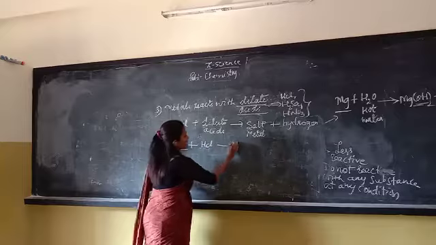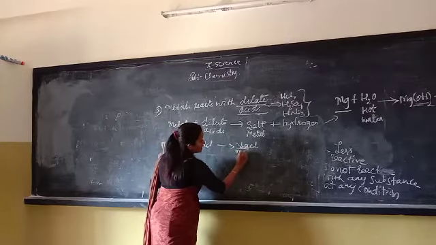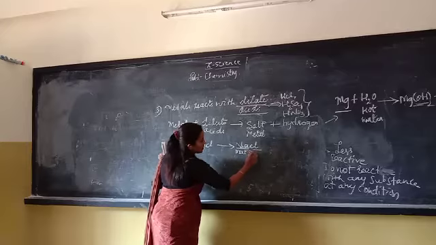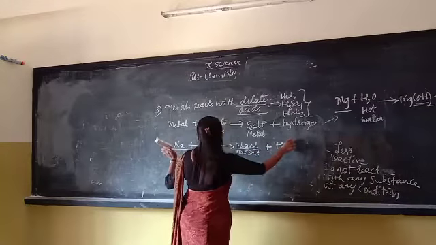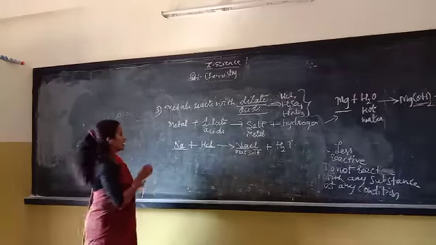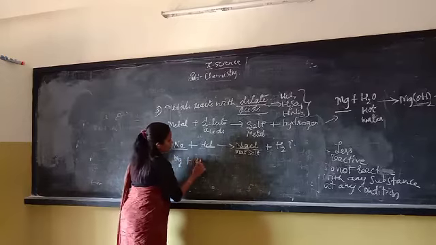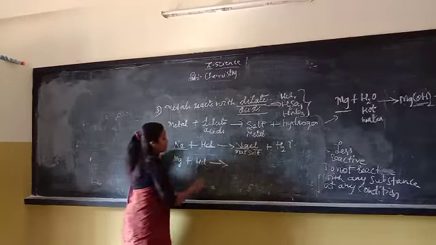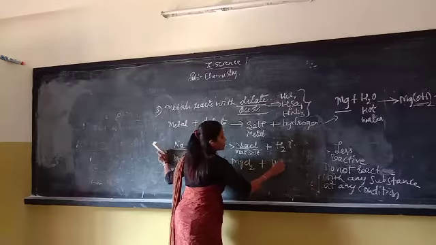When these two react, it forms salt. Sodium is a metal and Cl makes a salt. So metal salt and hydrogen gas. Okay, NaCl plus H2. Next, when magnesium reacts with hydrochloric acid, it forms MgCl2, magnesium chloride, plus hydrogen gas.